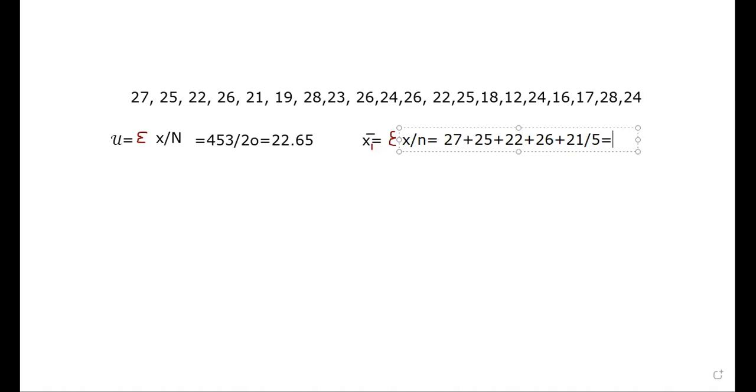So after calculation, the desired result will be 24.2. Again, we can find out the sample mean for the second or last 5 samples.